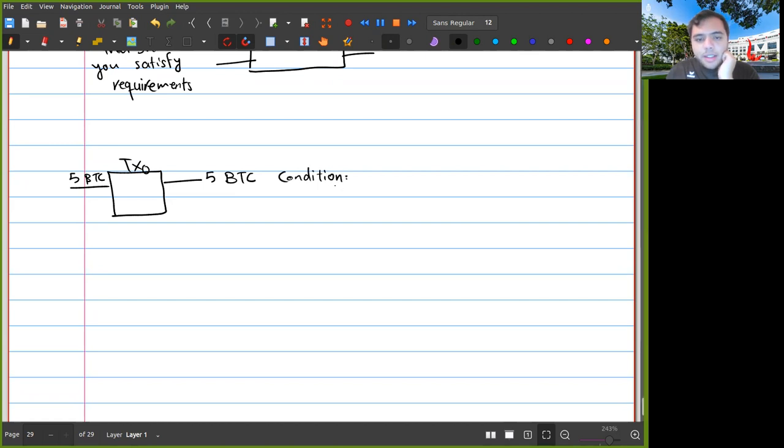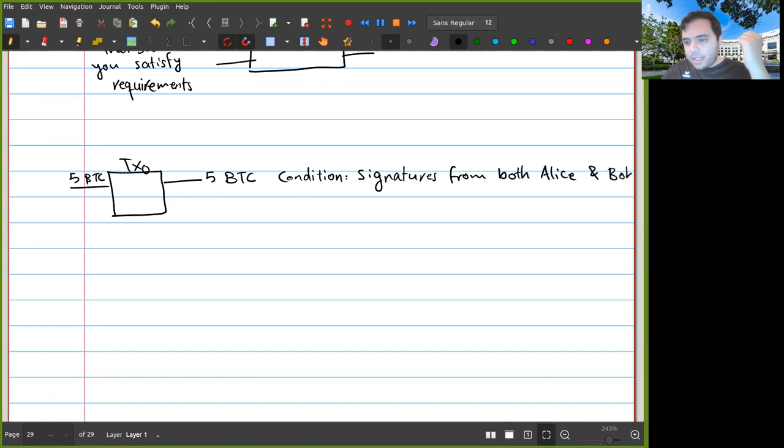Instead of saying that I just need a signature from the new owner, I can say the condition is that I need signatures from 2 people. So signatures from, for example, both Alice and Bob. And of course, here I'm using names, but in practice, these are just public keys or hashes of public keys. So these are addresses or identities or hashes of public keys.